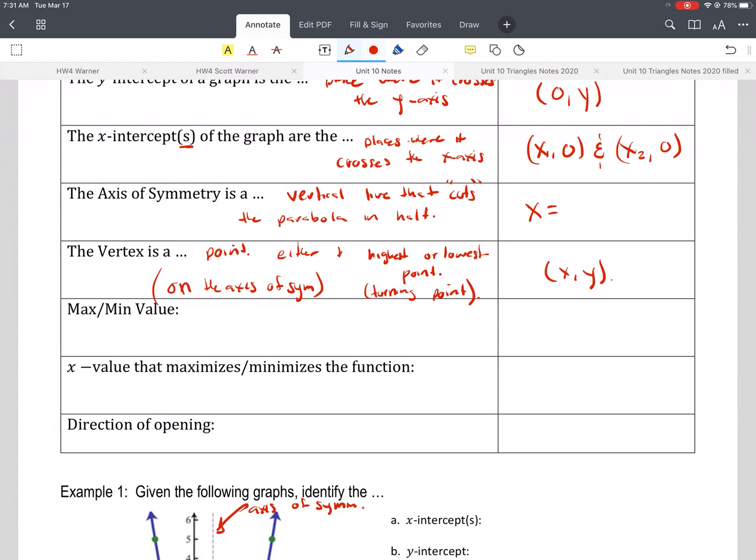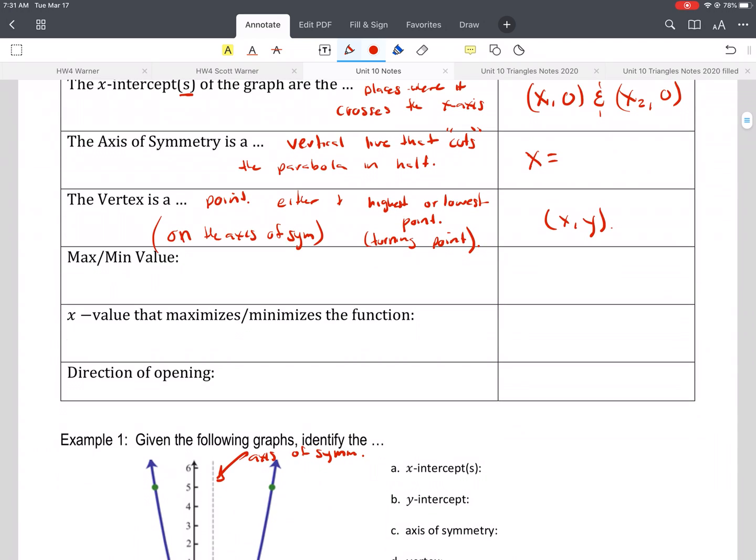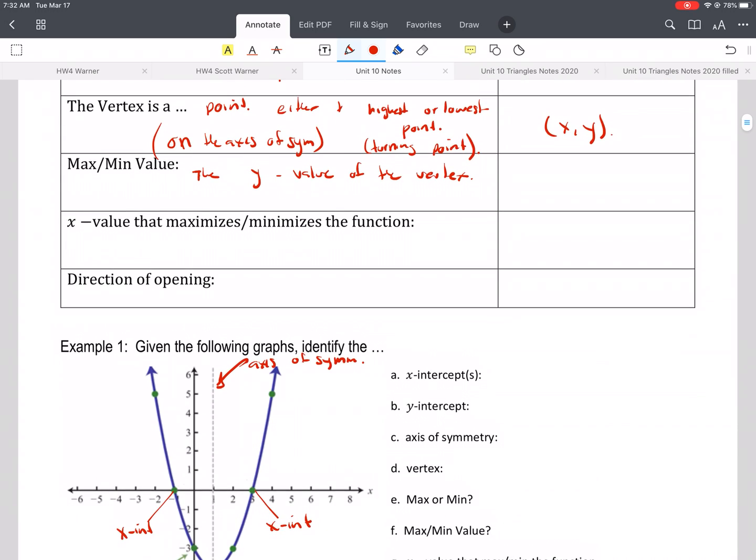All right, max or min value. It is the y value of the vertex. That's just something like y. It's not an ordered pair, it's not an equation or anything, it's just a value. Okay, x value that maximizes or minimizes the function.